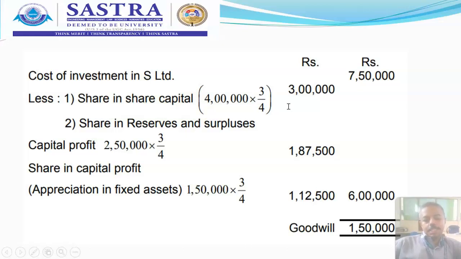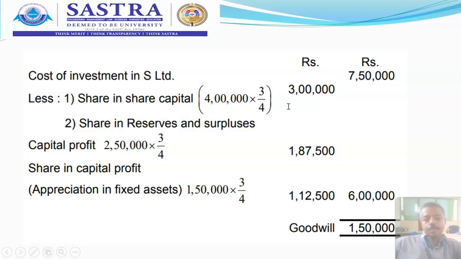Then share in reserves and surplus, that is capital profit of 2,50,000, of which 3/4 comes to 1,87,500. Then share in capital profit, that is appreciation of fixed assets, 1,50,000, of which 3/4 is 1,12,500. So altogether, if you add, it comes to 6 lakhs.